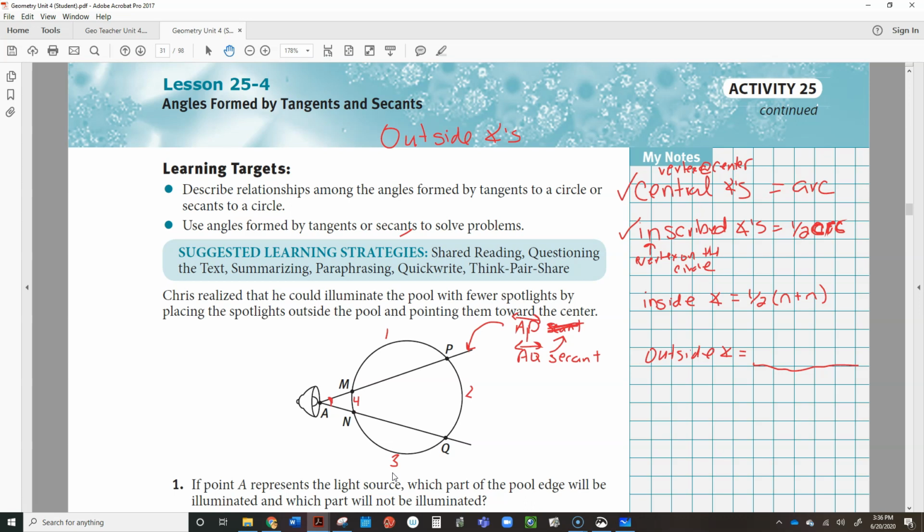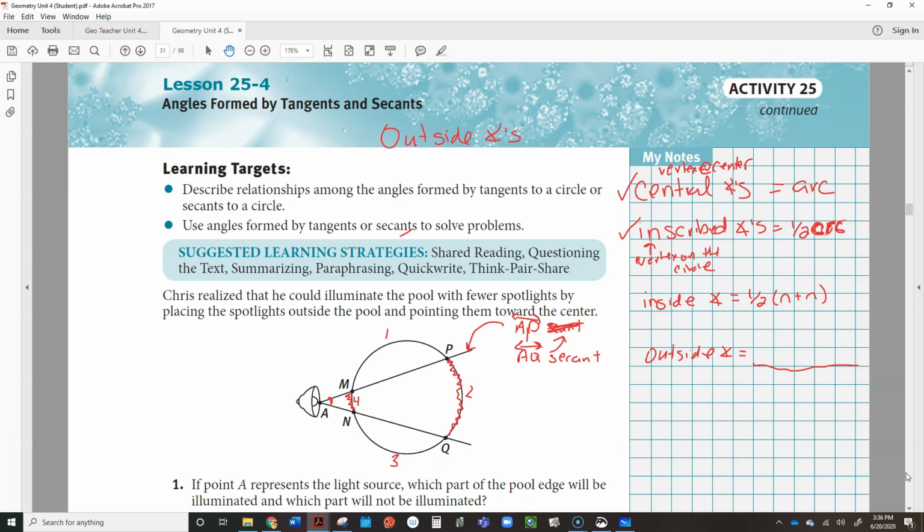The 2 arcs that I'm talking about are arc number 2 and the arc that I have numbered 4. Those are the 2 arcs that are between the 2 sides of that angle. It's not that arc 1 and arc 3 are not important, because often we'll be working with them too.